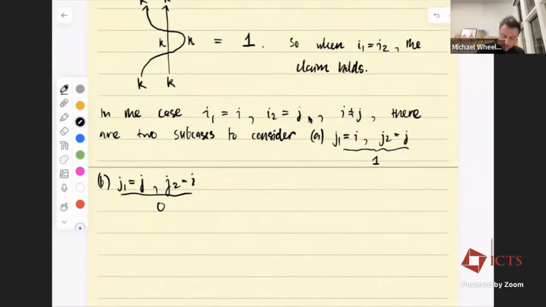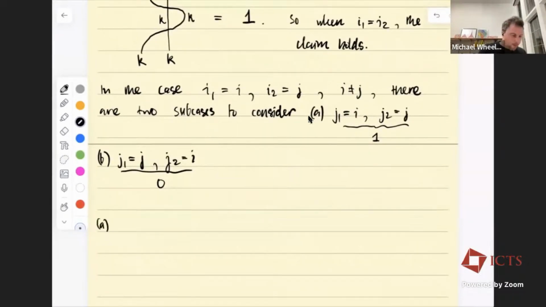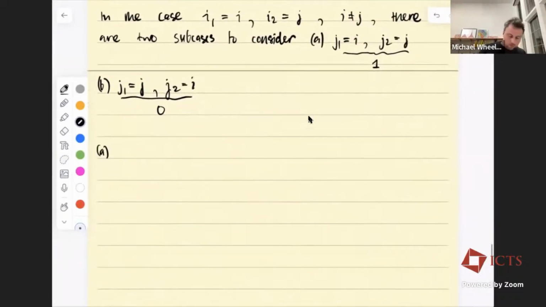So let's do that. Now for case A, we're going to have the following. At the bottom I have I and J. That was the assumption that we made. And we're going to assume in this case that we have I and J going out at the top. And if you think about what happens with these internal edges, there are two choices for them.